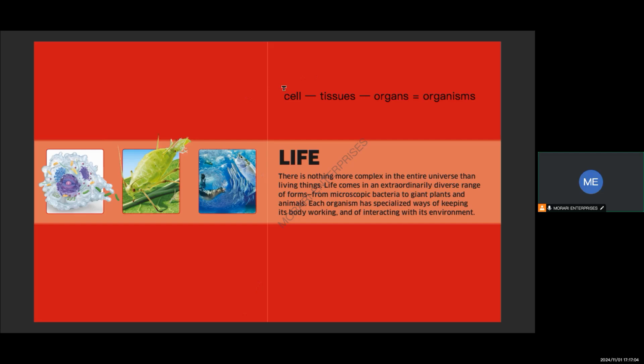So from here, we are clear with the science and we are clear with what we'll be looking at. This is a systematic organization of living beings or living things, from cells to tissue. We begin to see that the smallest living unit is called what?